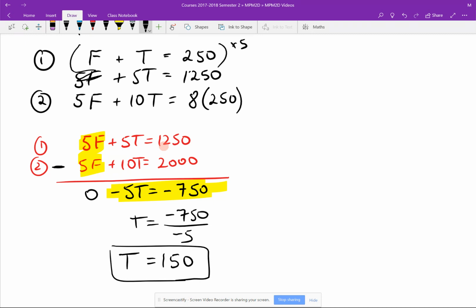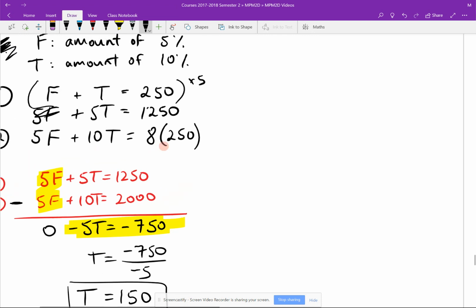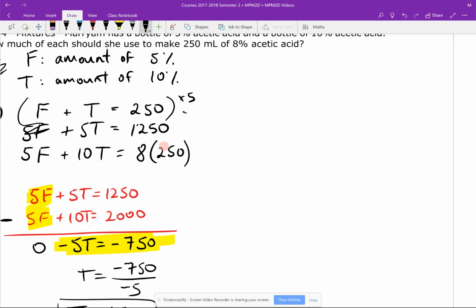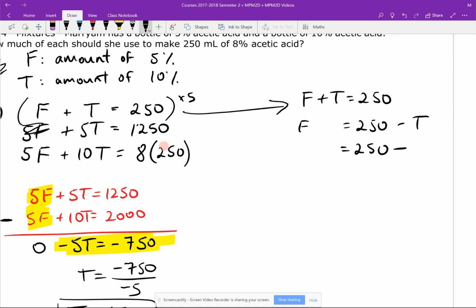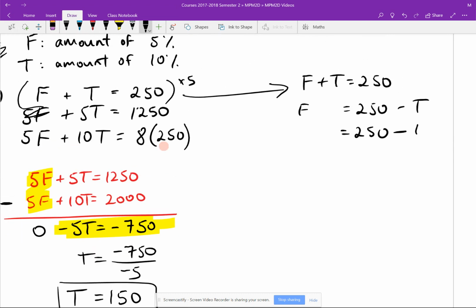If I need 150 milliliters of 10% acetic acid, how many milliliters will I need from the 5% acetic acid? Using one of my original equations, F plus T equals 250, F equals 250 minus T. What did I get for T? I got 150, so 250 minus 150 is equal to 100.